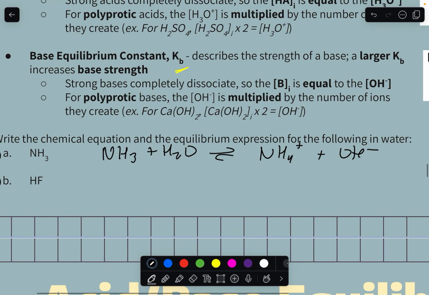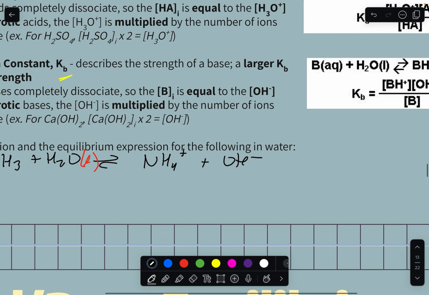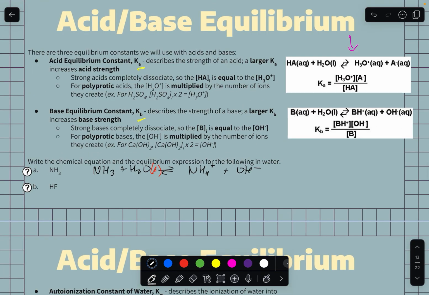Our water is a liquid, so we don't add that in our expression. So my Kb, because this is a base, is my products, my NH4 plus times my OH minus divided by my NH3.